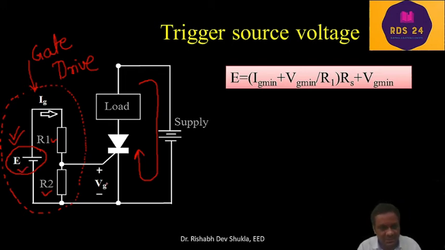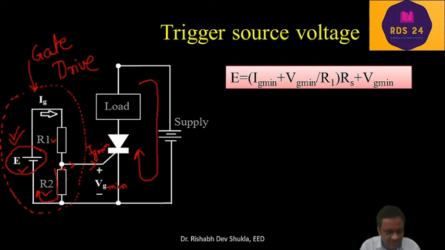So let us assume that this SCR has the minimum gate voltage requirement VG minimum, and it will have the minimum gate current IG minimum. If the IG minimum is flowing towards the SCR, then some part is going towards this resistance, again going back to source.